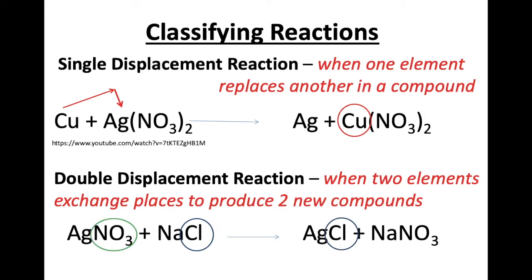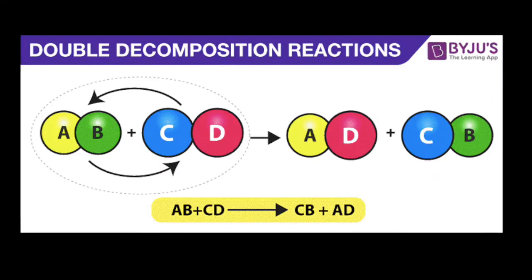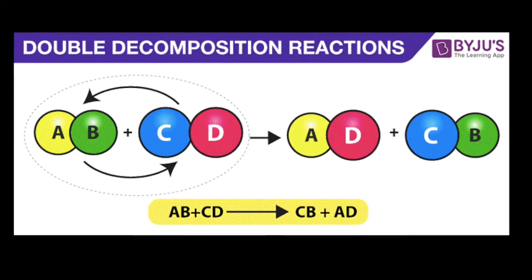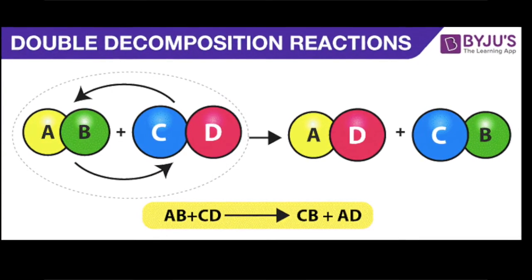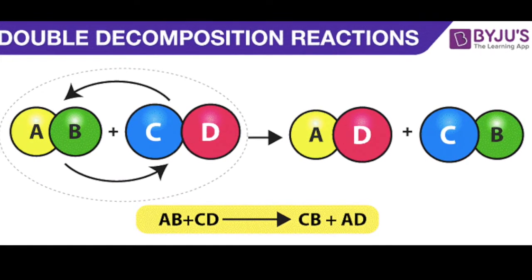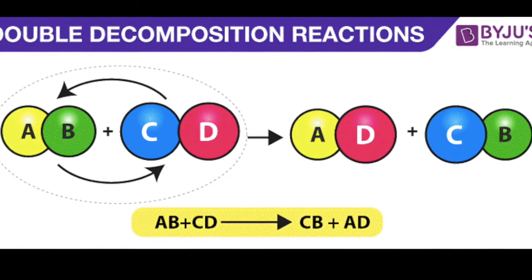And now you have your nitrate on your reactant side, it's attached to your silver, but on your product side, it's attached to your sodium element. So double displacement. You just have two elements switching places from one molecule to another.